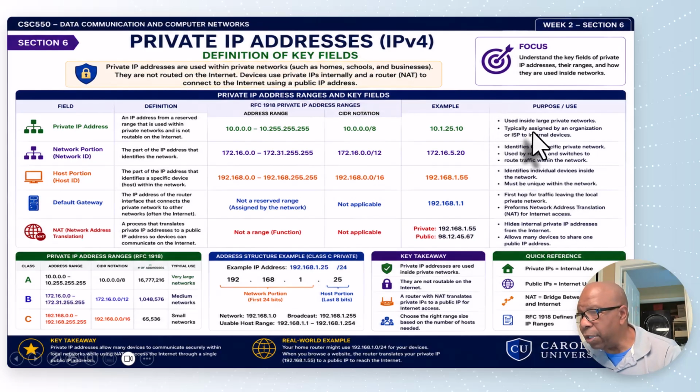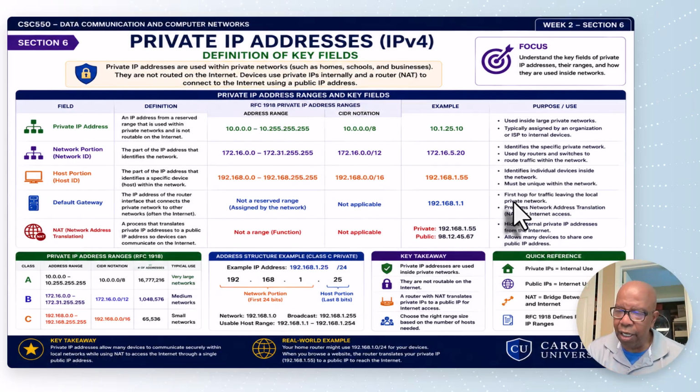What is the private address used inside? It's typically assigned by the organization. The network portion identifies a specific private network, used by routers and switches to route traffic within the network. The host portion identifies the individual devices inside the network and must be unique. Again, that's basically any type of node that I have connected to the network. The IP address must be unique for that particular device.